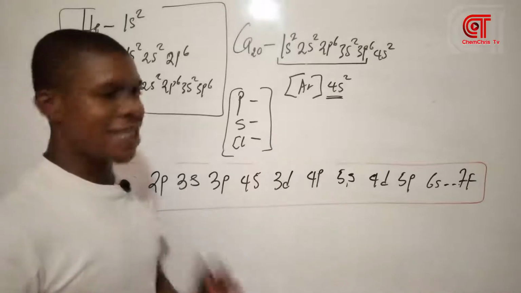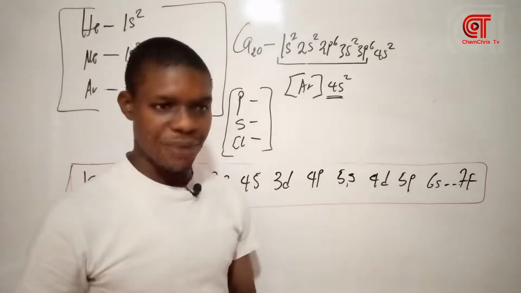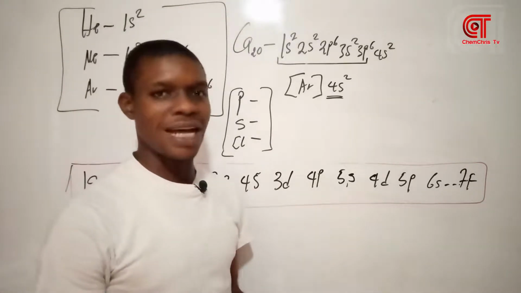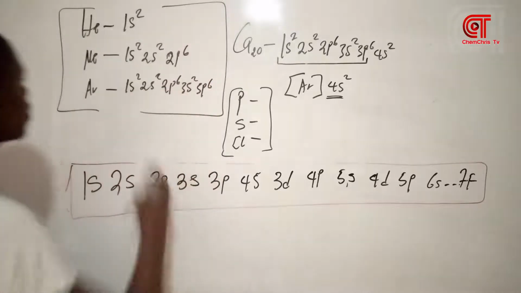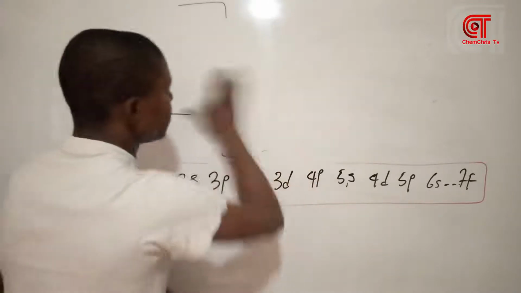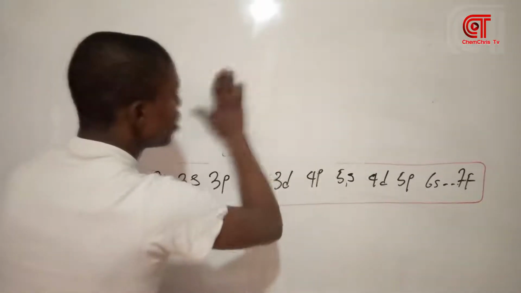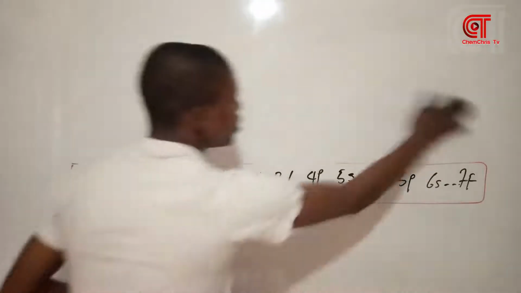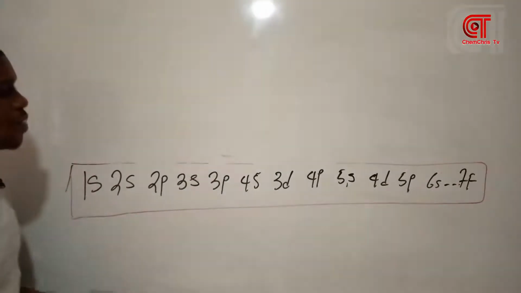In this video I want to do the s and the p blocks. In my future video I want to do the d and the f. So what are the tricks in predicting the period, the block, and the group of elements in the periodic table?